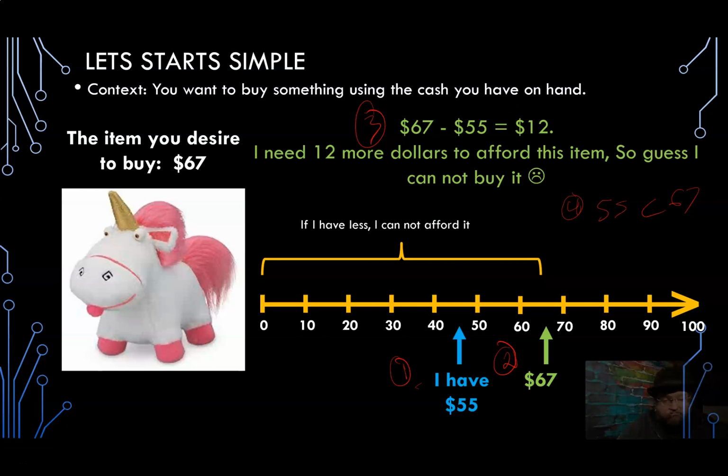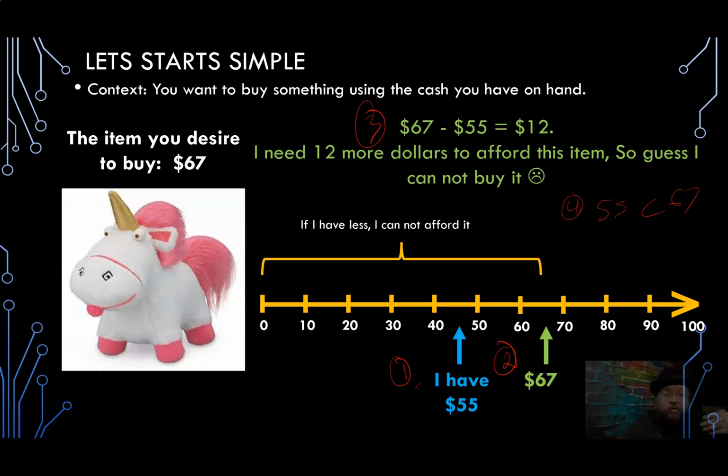Bringing this whole thing back together and elaborating what is a very simple concept, but still trying to show the quantitative reasoning and logical sequence of steps: the item costs $67. I have $55. If I have less money than what's required, I can't buy it. 55 is less than 67 by $12, so therefore I cannot buy it.